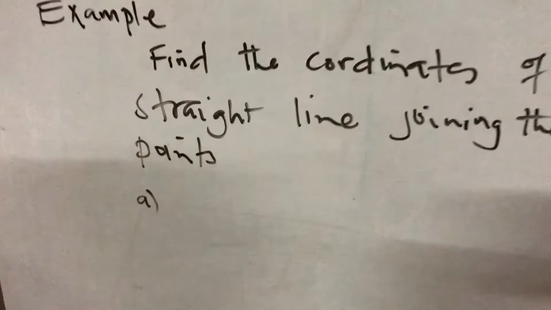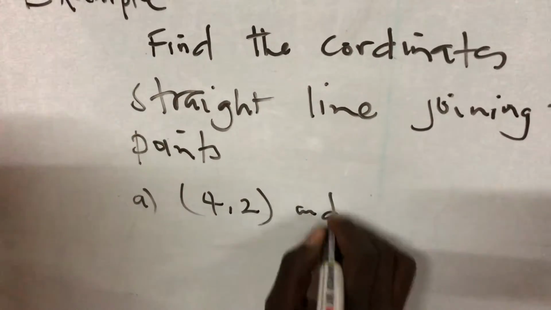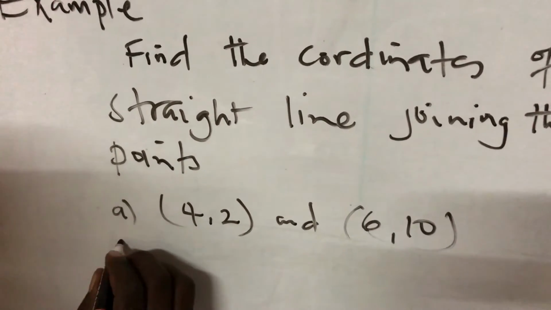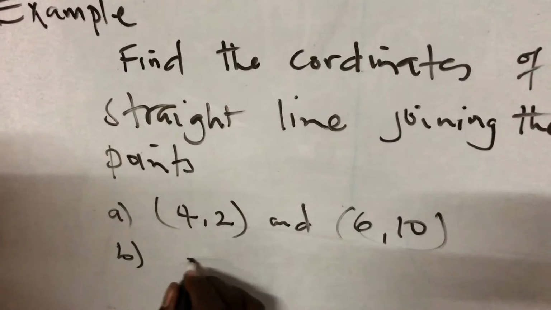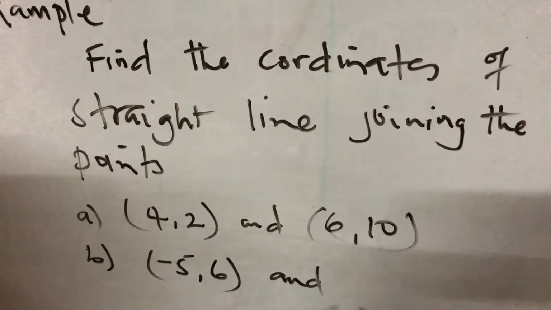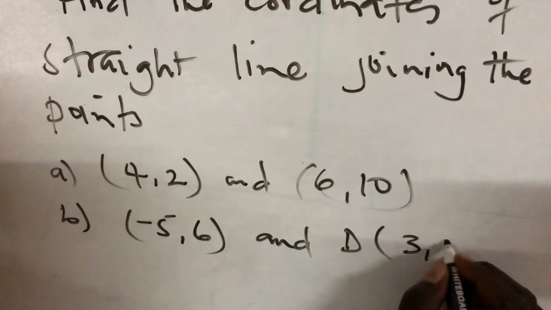A, we have (4, 2) and (6, 10). And then B, we have (-5, 6) and (3, 2).